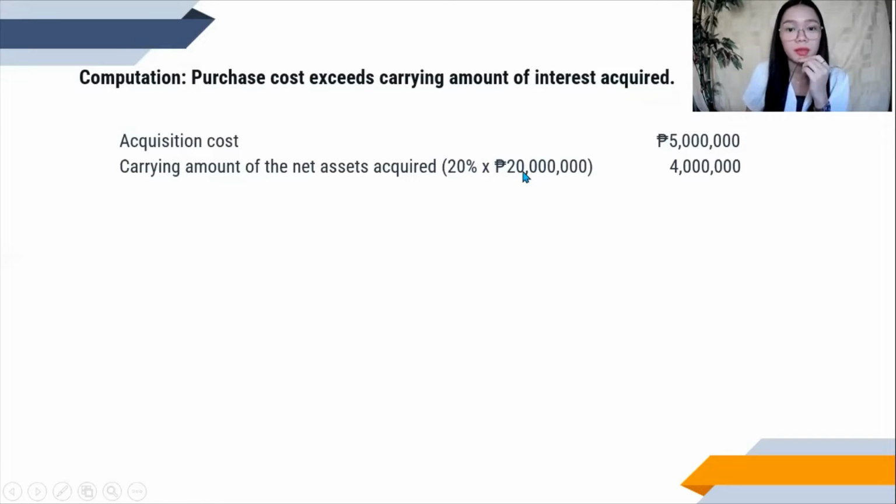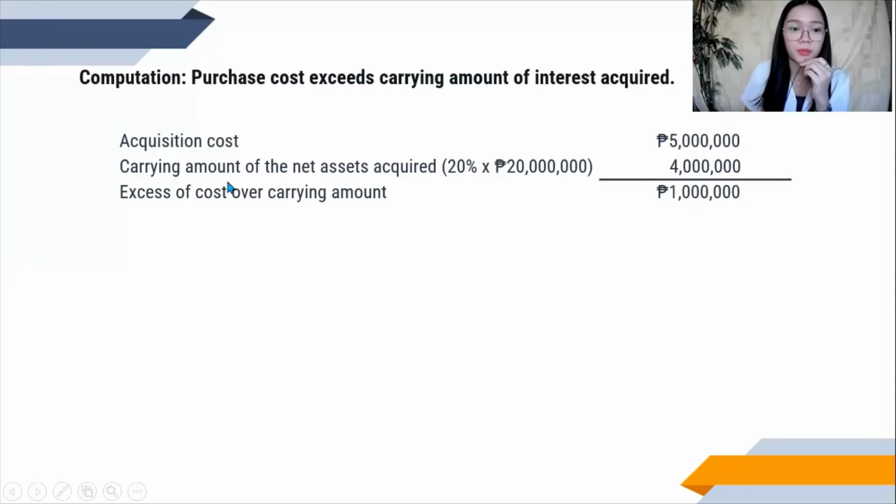So 20 million na carrying amount of identifiable net assets ni Sweetie Co times 20% na ating share. So 4 million lang yung share natin dun sa identifiable net assets ni investee. So magkano yung excess nung cost natin over dun sa carrying amount? So may 1 million na sobra tayong binayad sa ating investment.